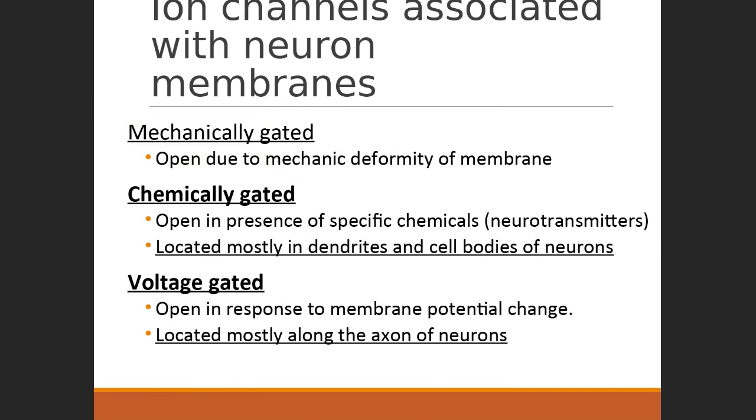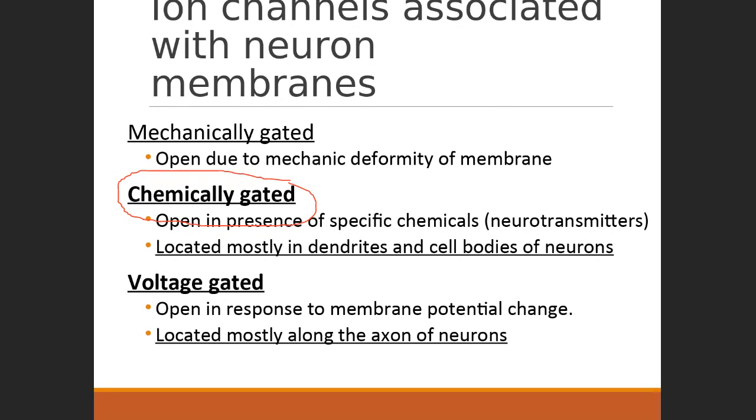With me so far? What do you suppose will open up a chemically gated channel? If mechanical deformation opens up a mechanically gated channel, hopefully somebody just said chemicals will open up a chemically gated channel, and you would not be wrong. It's like a lock and a key. You have a chemical present that acts as the key.